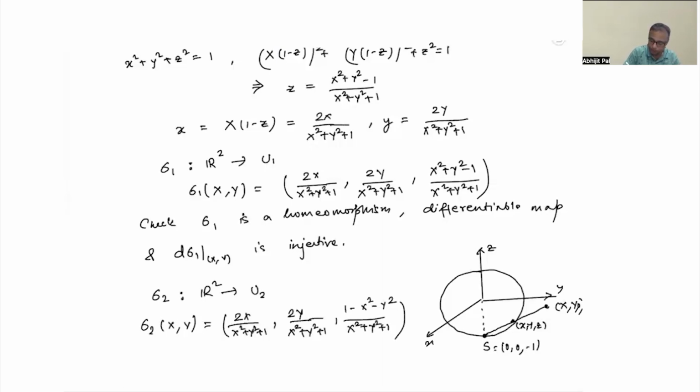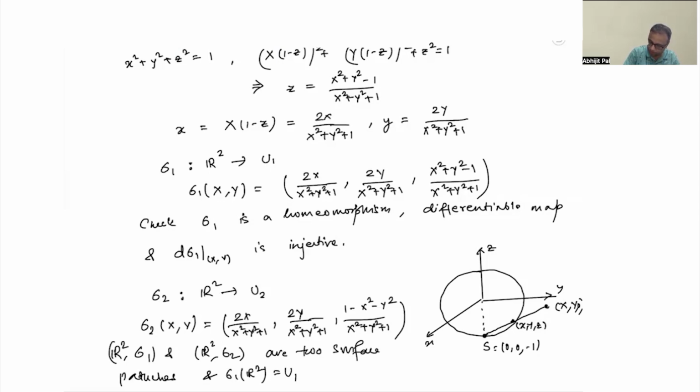So therefore what we got is two surface patches. R2 with sigma 1 and R2 with sigma 2 are two surface patches, and sigma 1 of R2 is U1 and sigma 2 of R2 is U2.